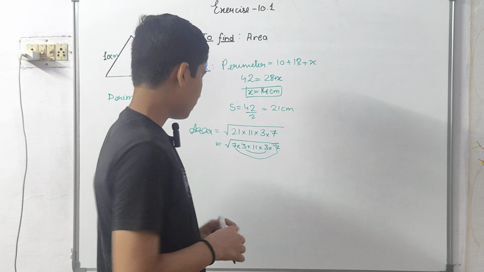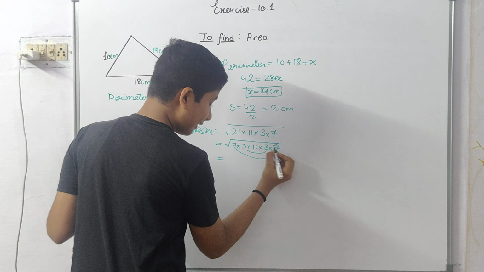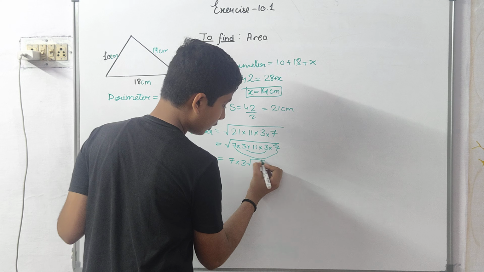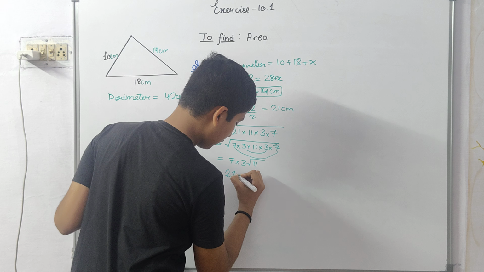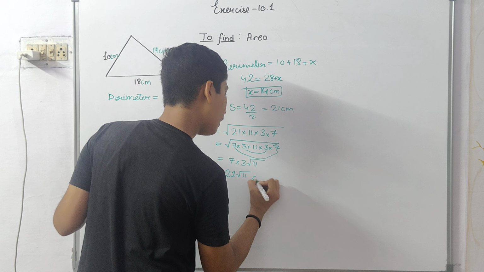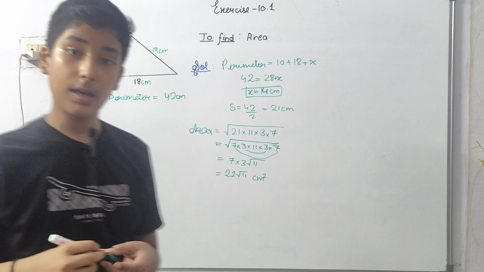It has no pair. So sad. Now let's see. 7 will come out and 3 will also come out, and root 11. 7 times 3 is 21 root 11 centimeter square. This will be our area.